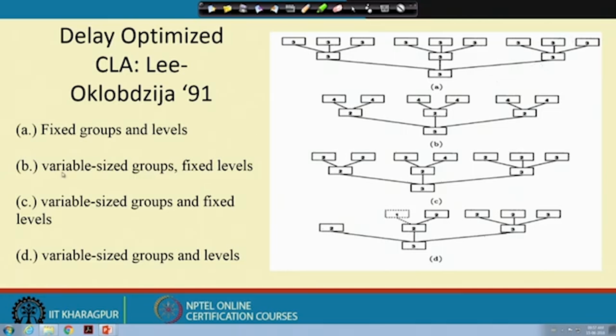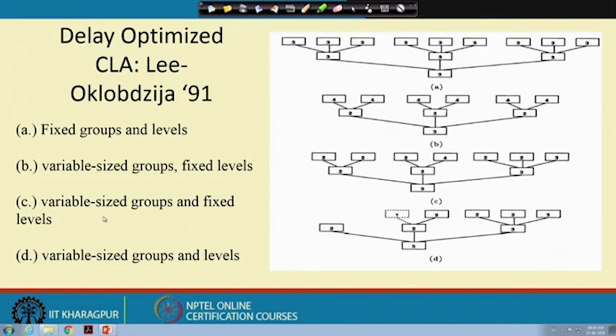Next is variable size groups, but fixed levels. Here you see at the first level there are 4, in the second level there are all 2, in the third level it is 3. So we are considering a 4 input gate at the very first level, at the second level we follow a fan in of 2, and in the third level we consider a fan in of 3.